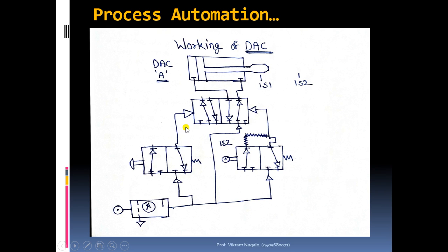Whenever we need extension, we have to activate the left side block, and we have to make sure that when we want to get extension, initially it should be retracted, and whenever we want retraction, the cylinder should be initially extended. Whenever we want extension, we have to activate this left side block.